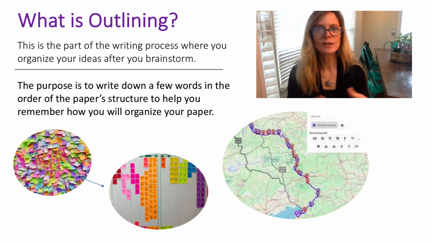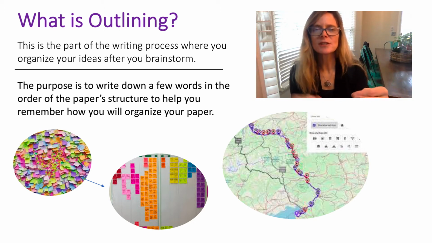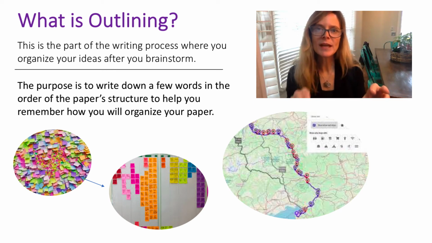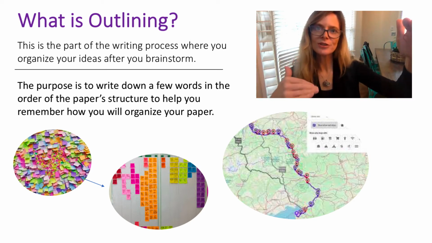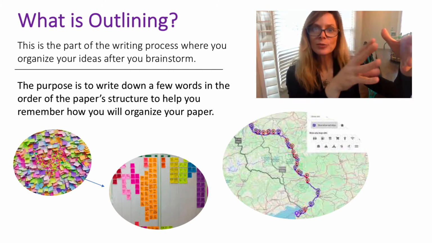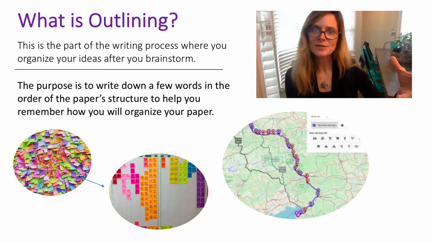You might not know exactly what the hotel room looks like inside or which gas station you're going to stop at, but you know the destinations and the stops where you're going to be. That's like outlining. You just have the main points of your paper from the start to the finish, and it's a journey. Your paper is like a journey. It begins somewhere, and it gives information, and then it ends.